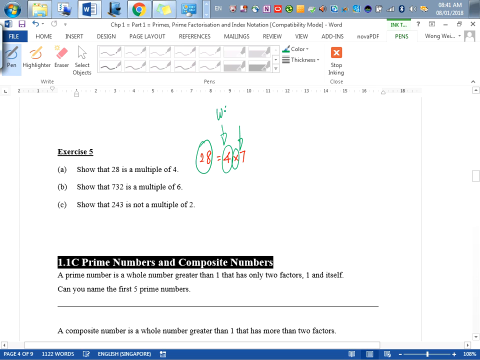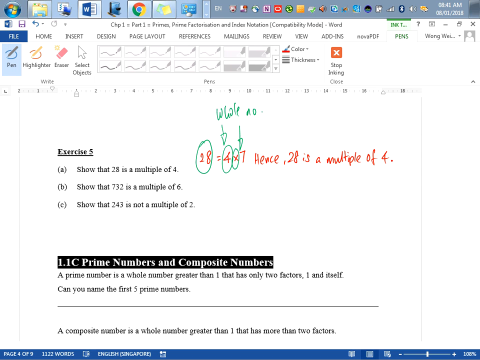Understand? So as long as I can write it down this way, and over here I have whole numbers, that means that 28 is going to be a multiple of 4. Okay? So after I write down this line, my next line, my conclusion will be, hence 28 is a multiple of 4. Okay, all those in red.